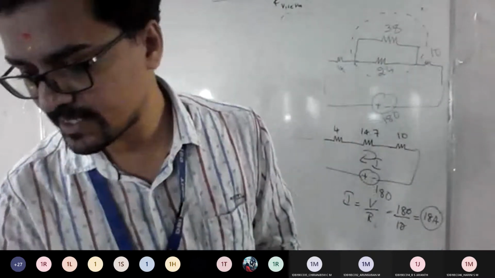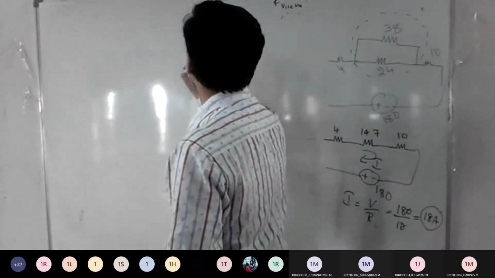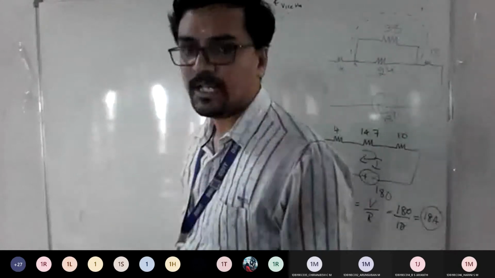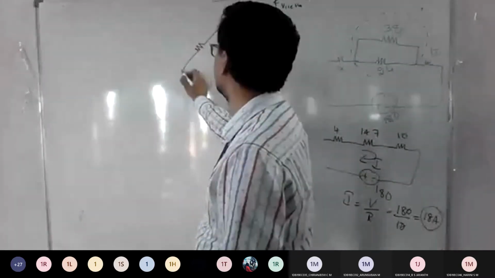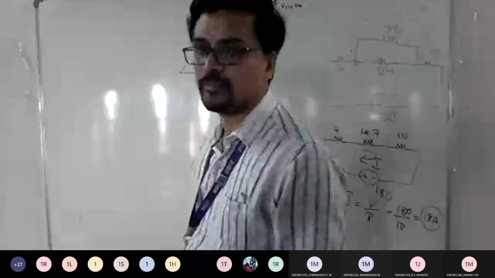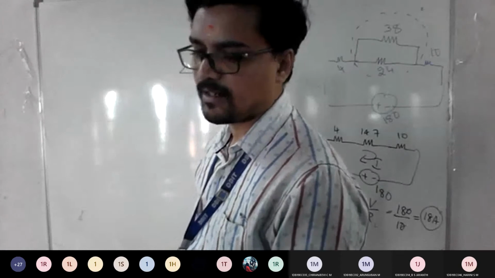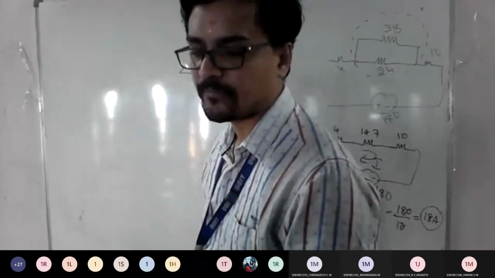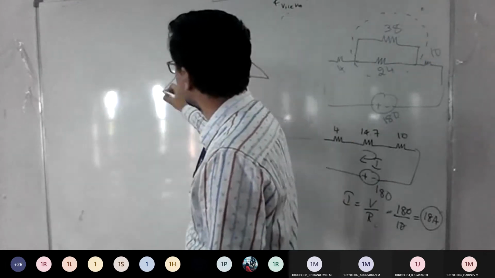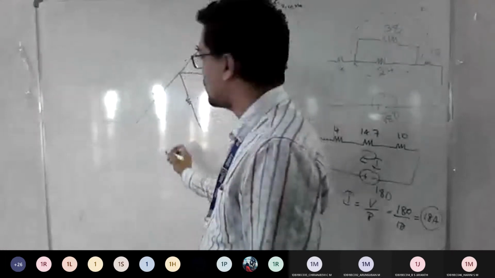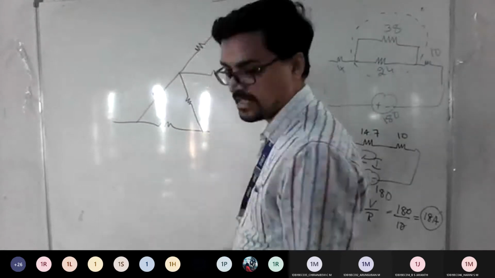Find the equivalent resistor between A and B terminals for the network shown below, using star delta or delta star conversion.